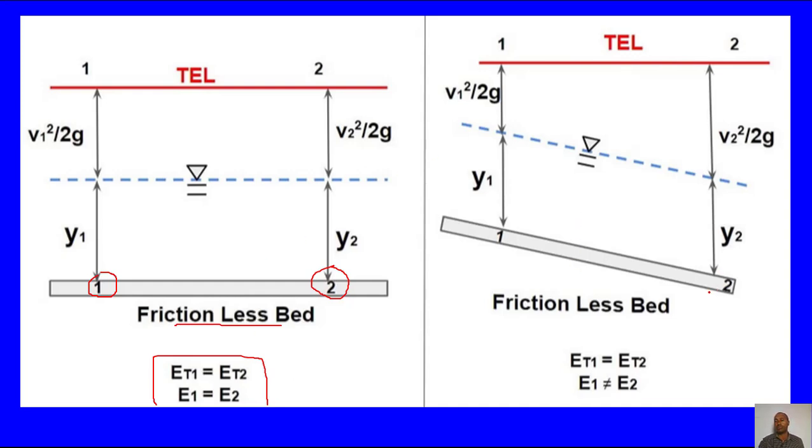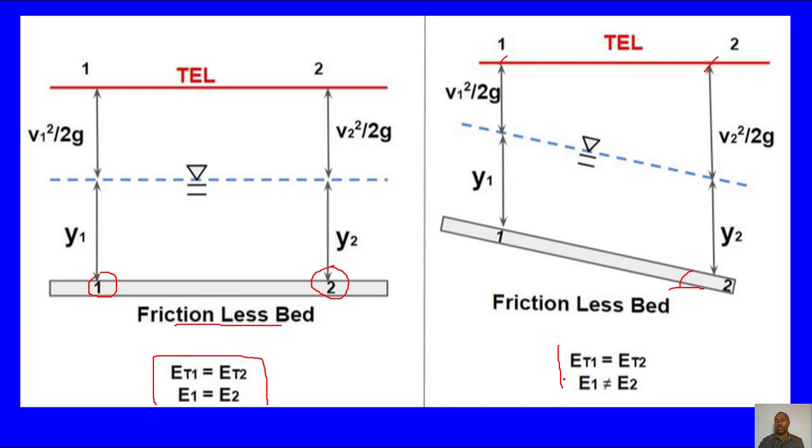But if you have something inclined at some angle theta, but frictionless, then total energy may be equal. Total energy at this point is equal to that at this point, but specific energy will be different. This is y2 and also v2 square over 2g, something higher than this one, due to the inclined position.